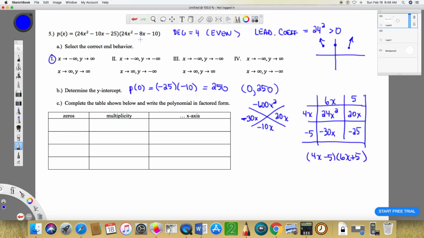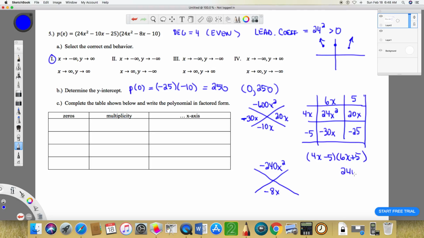Let's go ahead and factor this second one, just in case there's a common factor. It doesn't look like there is because I've made the table 4 entries, but who knows. So if we do an x method on this other one, now our middle term is negative 8x, and our first term times our last term is negative 240 x squared. 2 numbers that multiply together but add up to negative 8. So let's see.